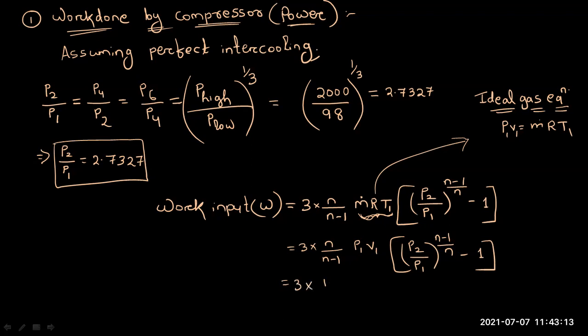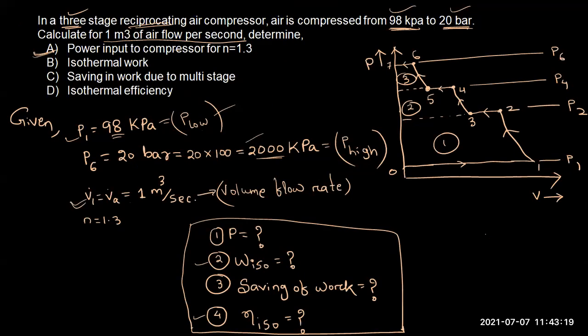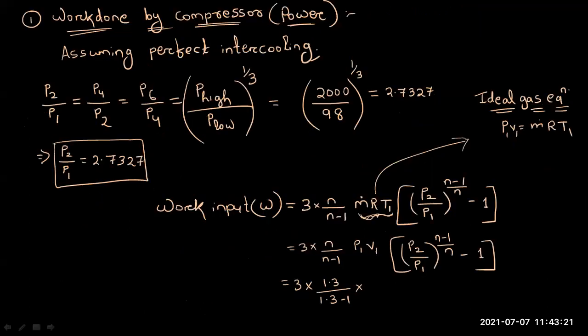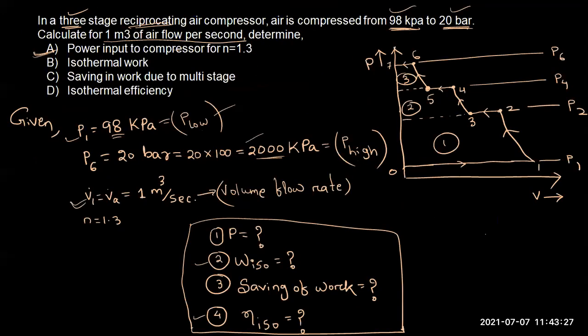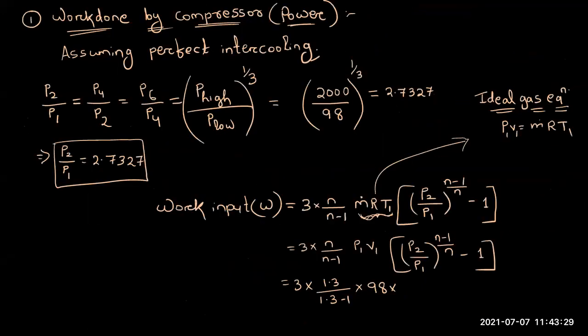That's 3 times n, which is 1.3, divided by 1.3 minus 1, into P1, which is 98 kilopascal, into V1, which is 1 meter cube per second, into P2 by P1. The P2 by P1 value we got from here.